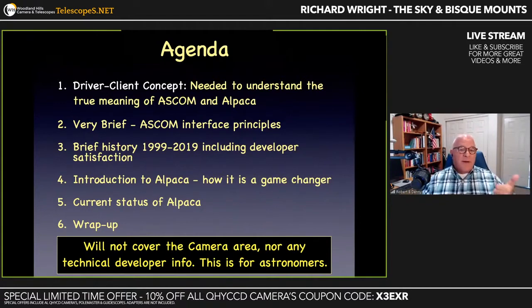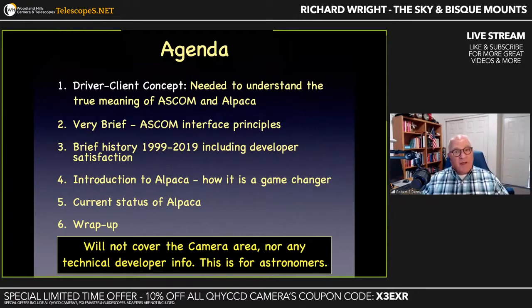Then I'm going to talk about the principles of the interfaces and what an interface is, very briefly. A little bit of history, then I'm going to go right into ALPACA and talk about what that is and how that extends the reach of the universal interfaces out beyond Windows and provides interoperability between Windows and other platforms. A little bit about the current status, and then we'll wrap up.